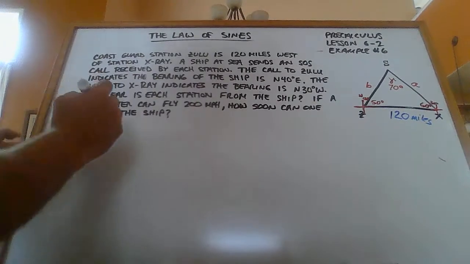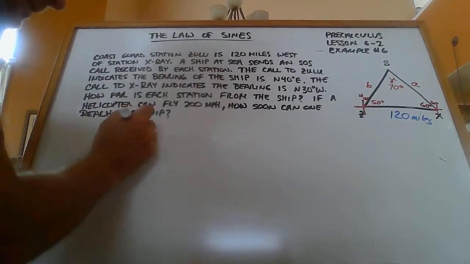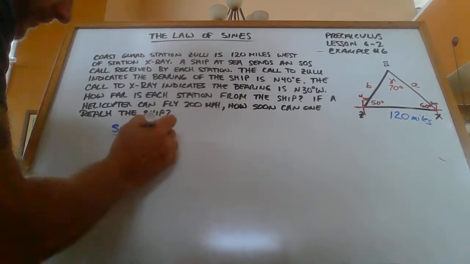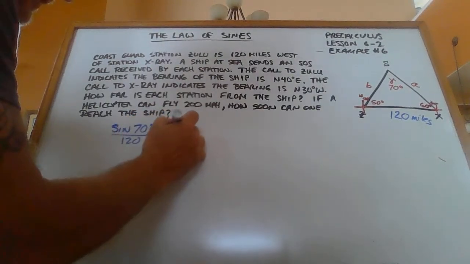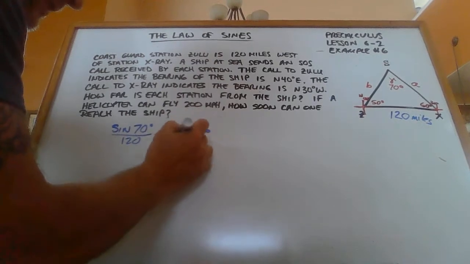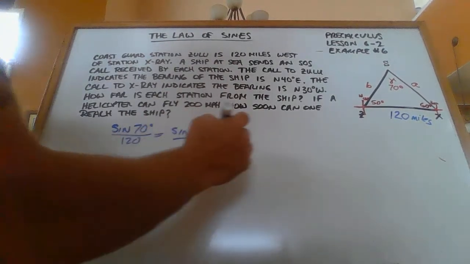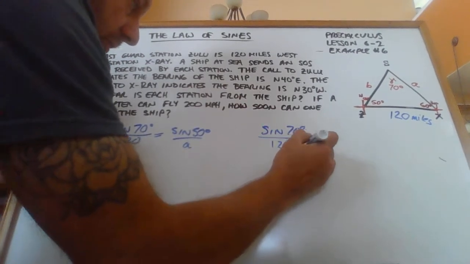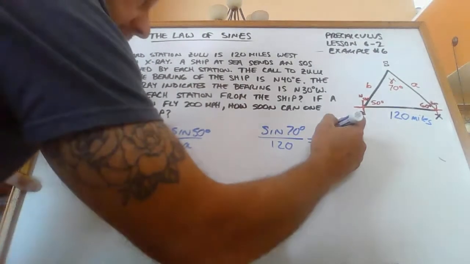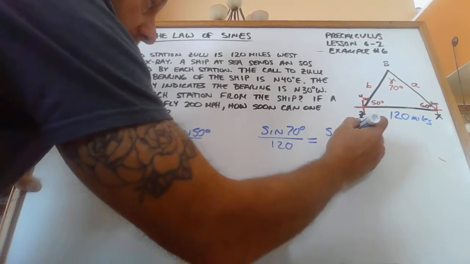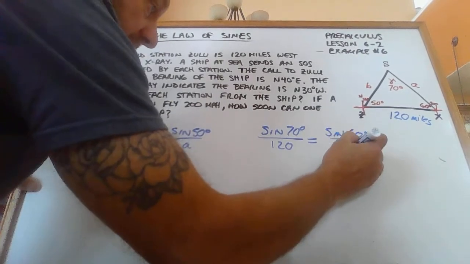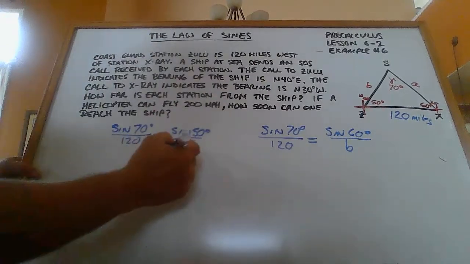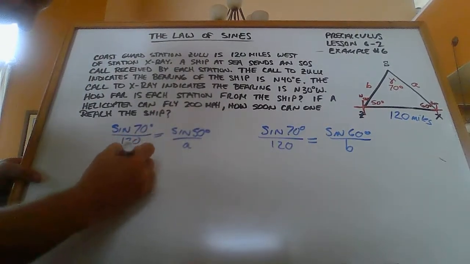So I can say, well, the sine of 70 divided by 120 is equal to the sine of 50 divided by A. I also know that the sine of 70 divided by 120 is going to equal the sine of 60 divided by B. Okay, so over on this problem, here's my variable.